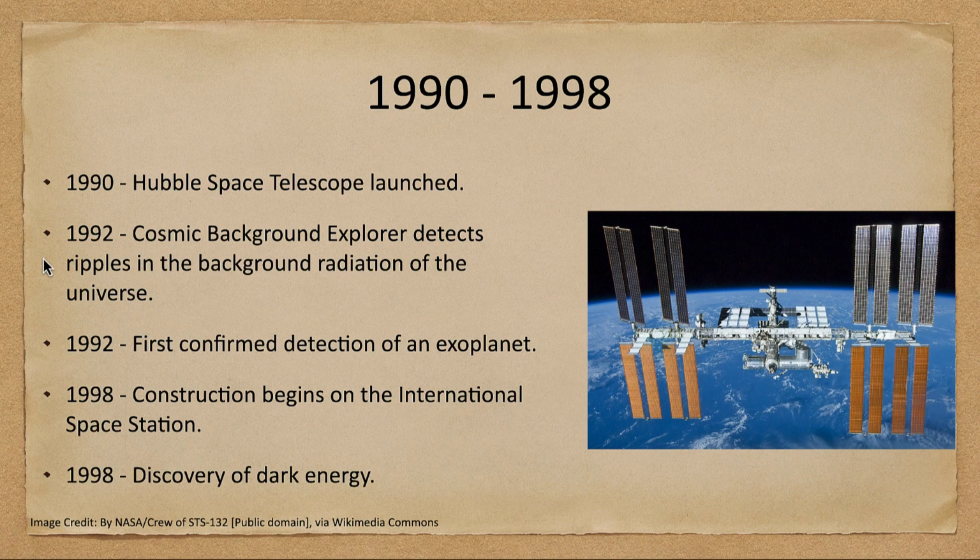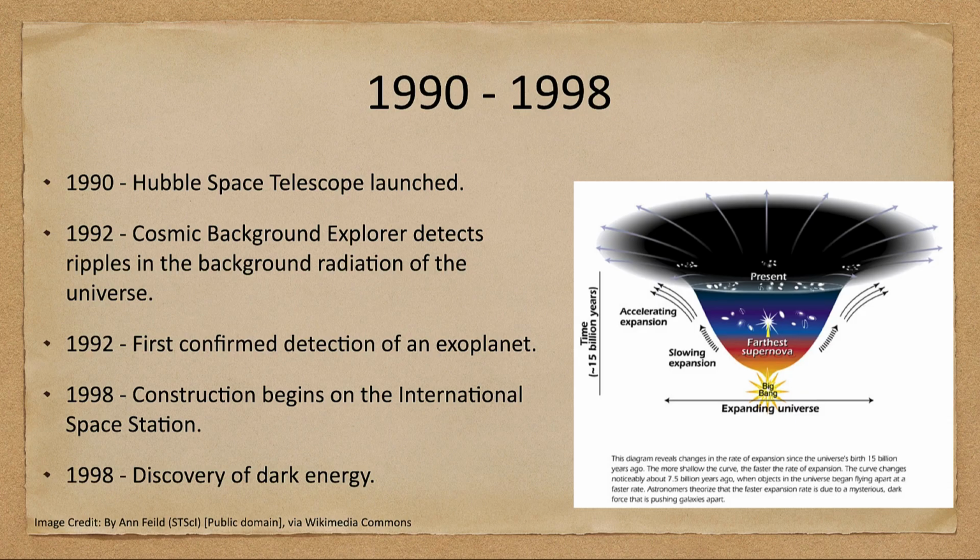In 1998, we had the construction beginning on the International Space Station, shown here with its solar panel arrays for energy and different modules set up within the International Space Station in a low Earth orbit to conduct scientific experiments from space. That same year, we discovered dark energy.